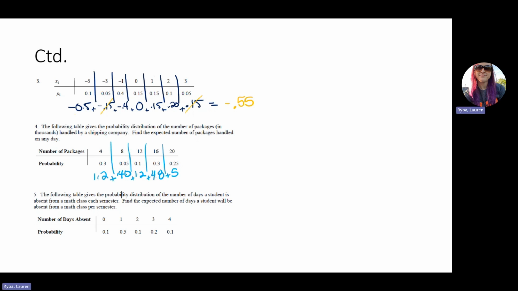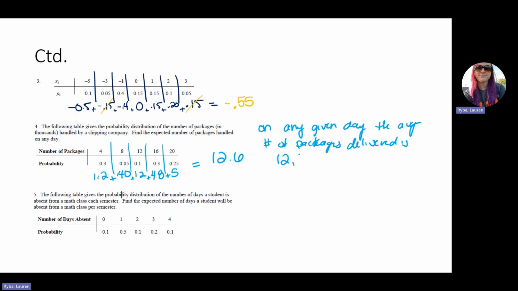I will then add all of those results together and get 12.6. So what this is telling me is on any given day, the average number of packages delivered is 12.6 thousand, or 12,600.